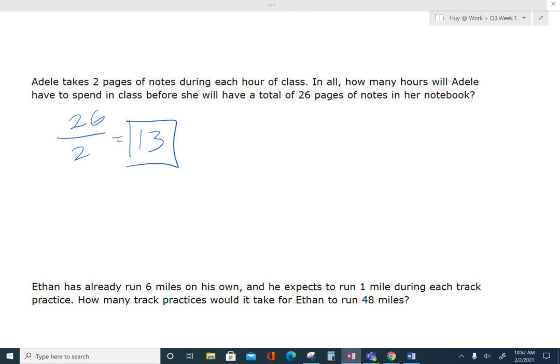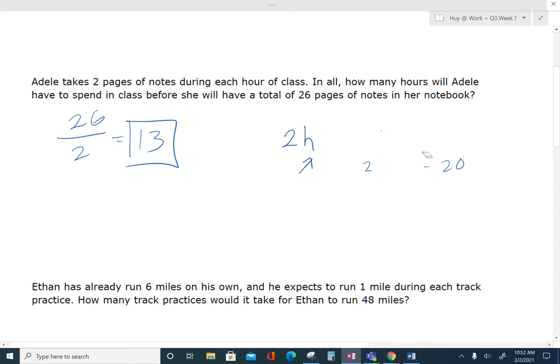But if we were writing an equation here, it says she's going to take 2 pages of notes during each hour. So it's 2 pages of notes for every hour. Pretend if she had 8 hours, then that's 2 times 8. She gets 16 pages of notes. If she had 10 hours, then that's 20 pages of notes, okay?